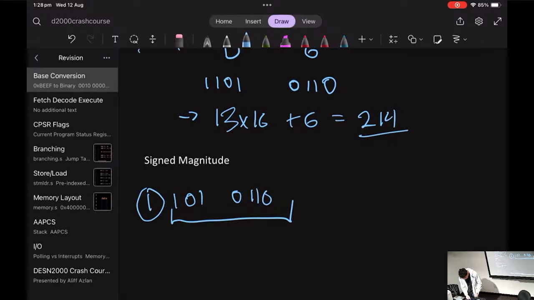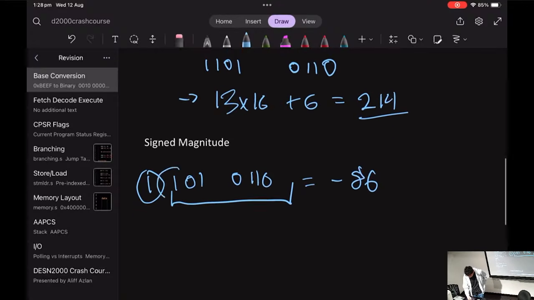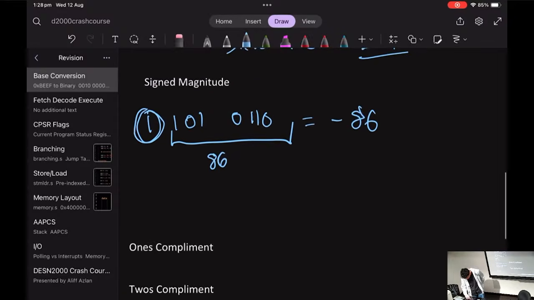Converting this, this is equal to negative 86, because these bits represent 86, and since the sign bit is a 1, we put a negative sign in front.